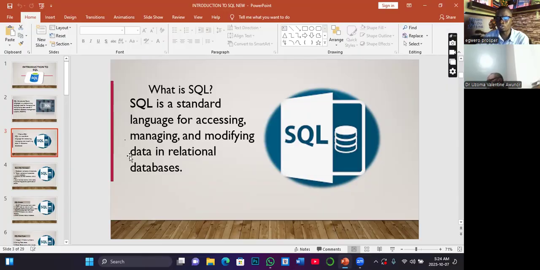Now, this is where our role comes in as data analysts. Why do I need to learn SQL, having learned Excel, Python, Power BI? What is the benefit of my understanding SQL as well? You see, if you learn those tools without understanding SQL, you will have issues in the future, because almost every company today is working harder to make sure that they store their information in the cloud.